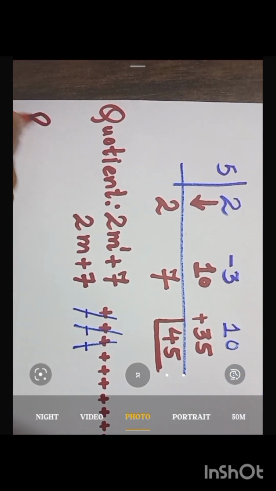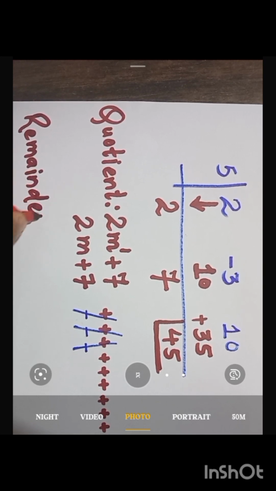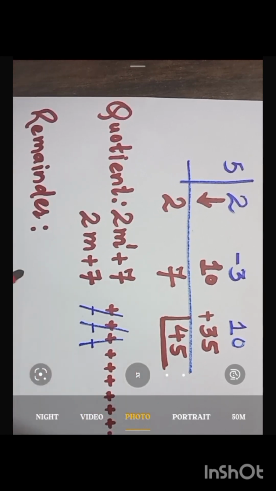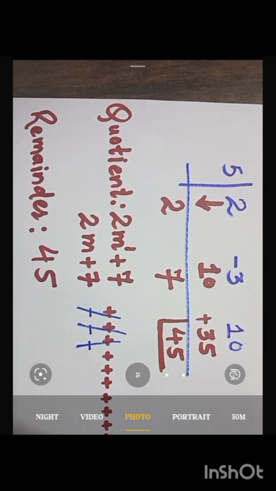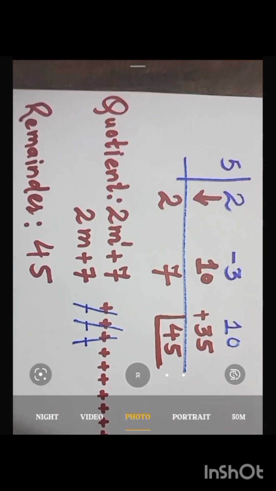So our quotient would be 2m plus 7. And the remainder, you all know the last term would be the remainder, that is 45. So here the remainder would be 45. This is how we can divide a polynomial by another polynomial by the synthetic division method.